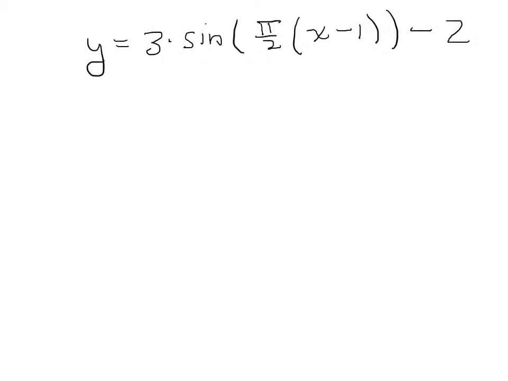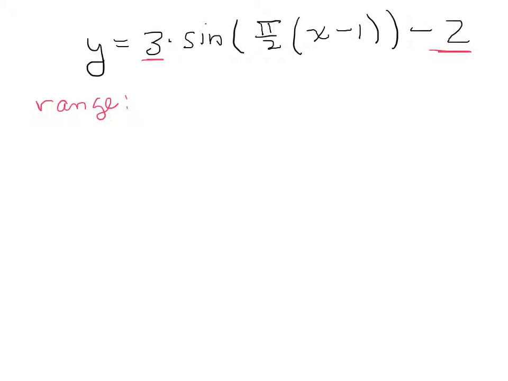Okay, so here we go. Let's check this out. Here are the y values. Here are the numbers that affect the y values. So what this tells me is that the range of my new graph, well, this is going to make it go minus 3 to 3, and then everything gets yanked down 2.